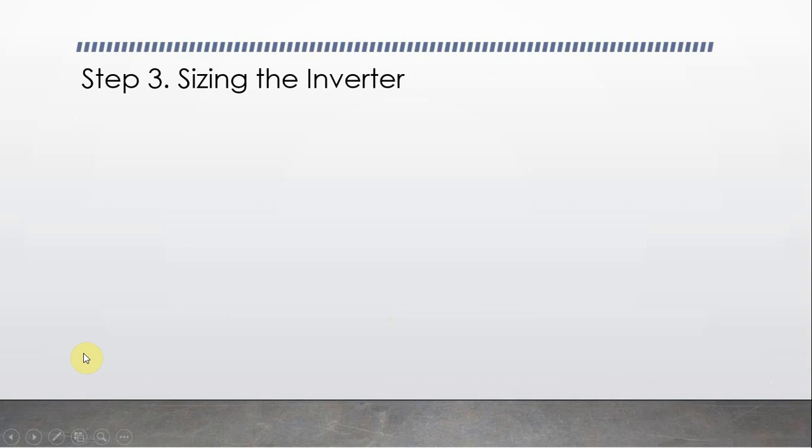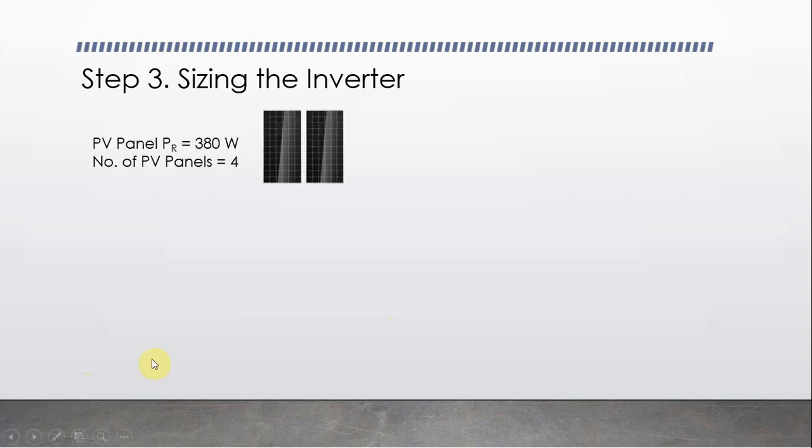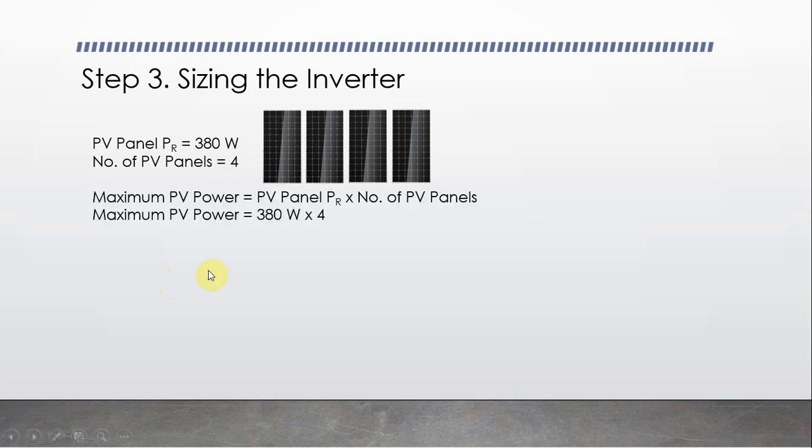Step number 3, that will be sizing the inverter. To size our hybrid inverter, we need to take the actual power output of our solar PV array. The solar panel that we'll be using has a power rating of 380 watts, and we multiply this by the quantity which we have computed previously, which is 4. The result will be 1520 watts.